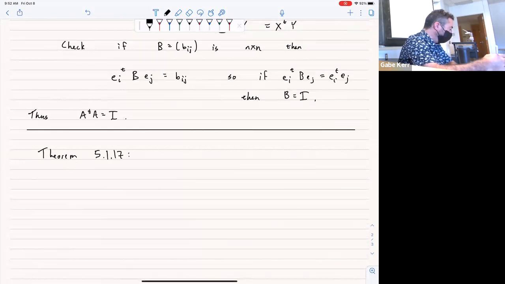It describes O2. So if R is in SO2, everyone remember what that means? It's an orthogonal matrix with determinant 1.